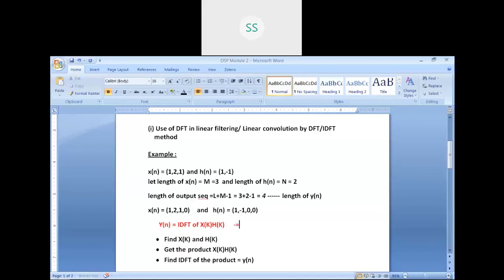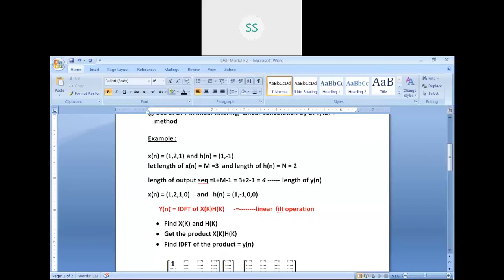This is the linear filtering operation result. This y of n is the same as the linear convolution output that you would perform in the time domain by using shifting, addition and multiplication operations. Later you can verify the result also.